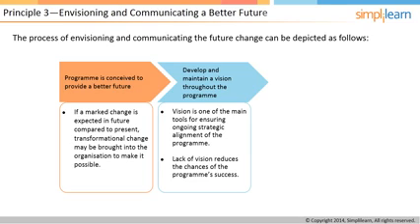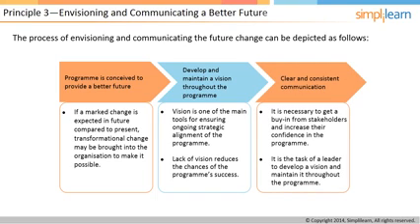Vision is one of the main tools for ensuring ongoing strategic alignment of a program. Lack of vision reduces the chances of a program's success. Once the vision is created, it is important that it is shared with all stakeholders through clear and consistent communication. This will help to get a buy-in and commitment from stakeholders.